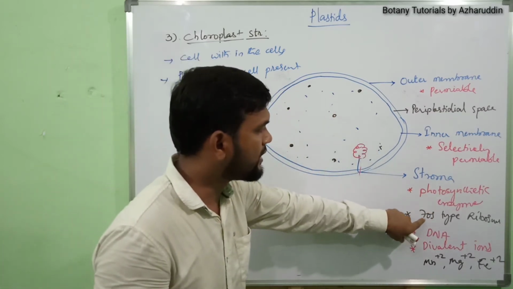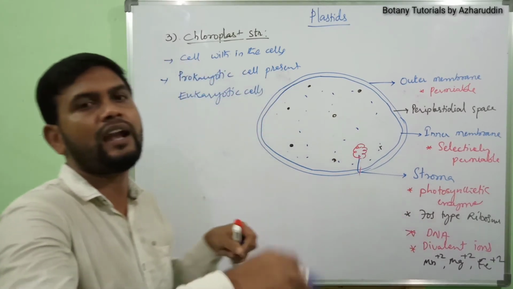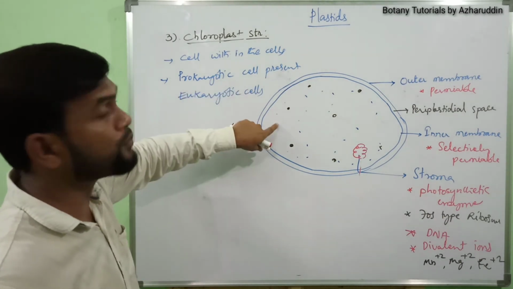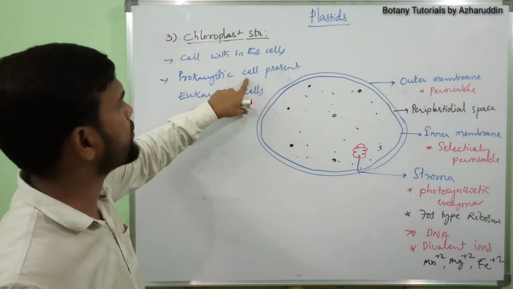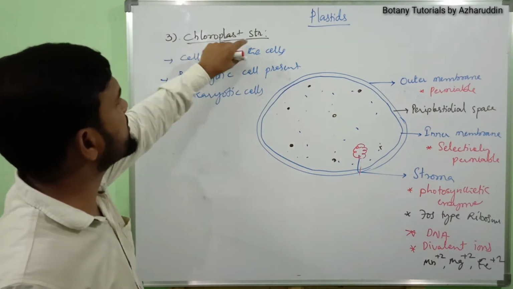Like that, it has 70S ribosomes, DNA and replication capacity. That's why it is compared with a prokaryotic cell, and called a prokaryotic cell present in a eukaryotic cell, and a cell within the cell.